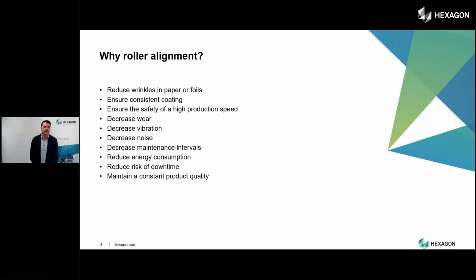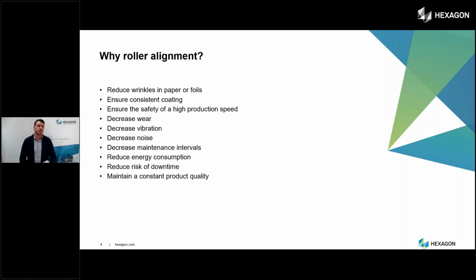So why do we do a roller alignment? To reduce wrinkles in paper or foils. When the rollers are not parallel, one side is looser, one is more tightened. Or if you have a coating machine, we have a consistent coating over the whole process, and also higher safety and higher production speed. We can decrease the wear when there's less tension on the roll, and decrease vibration.